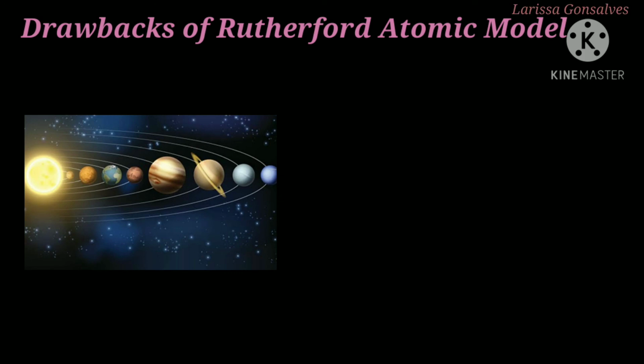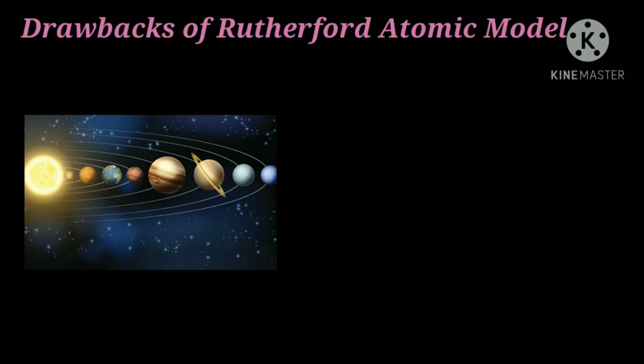The electrons in this model could not be stationary because there is an electrostatic force of attraction exerted on the electrons, pulling them towards the nucleus. Now, not being stationary means the electrons cannot stay in one place, they have to keep on moving.